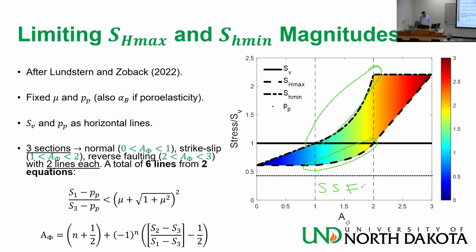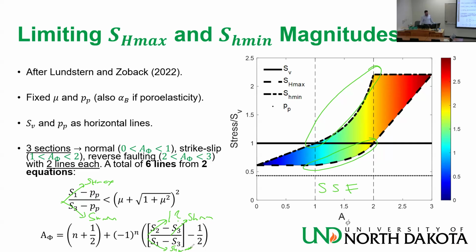Now I need the problem is that for strike slip, S1 is SH max, and S3 is SH mean. Okay, so I have 2 unknowns on the first equation, and I have what is S2? It's SV, which is known, basically 1, but this is an unknown. It's SH mean, which I don't know, and this is SH max, which I also don't know.